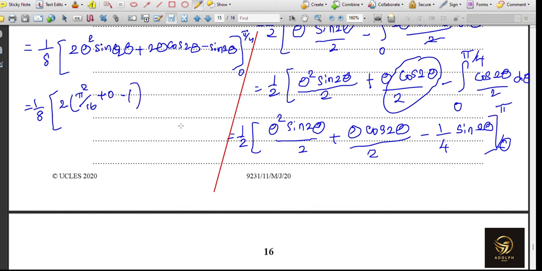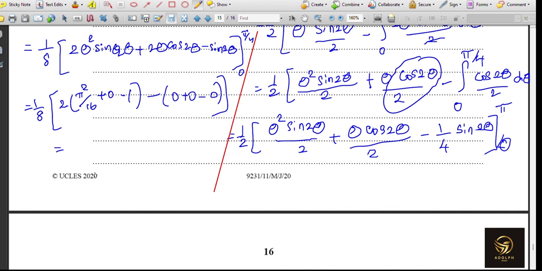So this is for the upper limit, and for the lower limit these two terms have theta as 0. When I'm substituting 0, they too will be 0, 0 plus 0 minus sin 0, that is also going to be 0. So I need not worry about the lower limit.